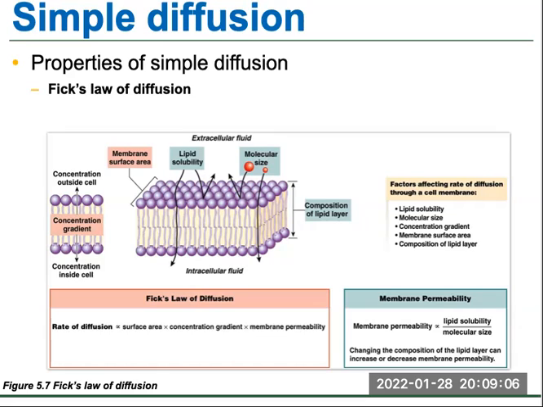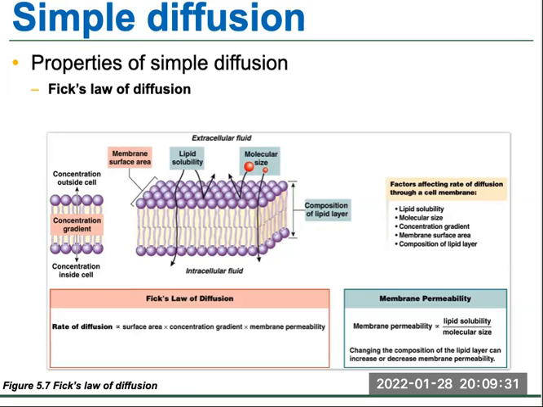And so the rate of diffusion through a membrane is going to be faster if we have a larger surface area to cross. Also, a faster diffusion rate if we have a thinner membrane, a steeper concentration gradient, or a higher membrane permeability to that particle.